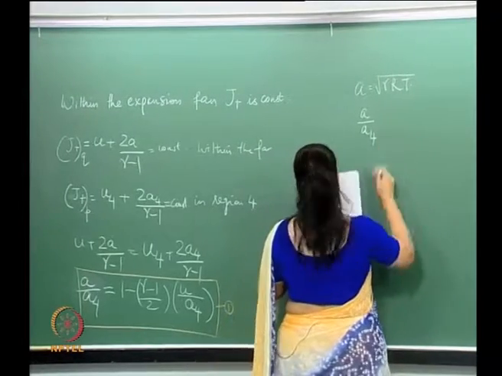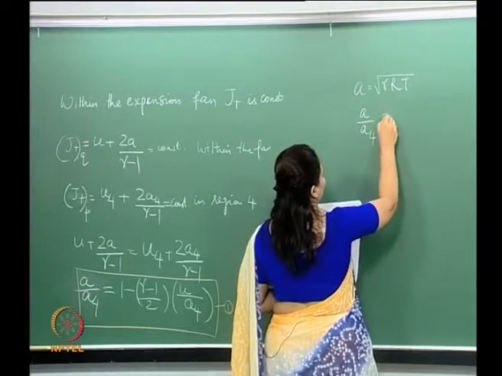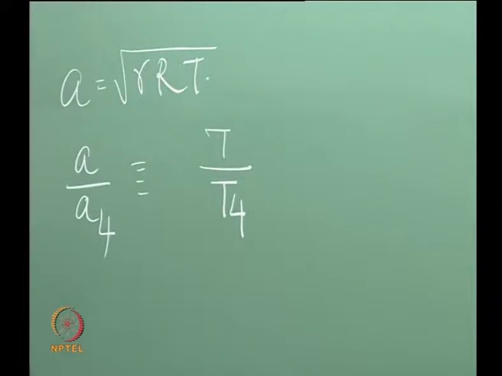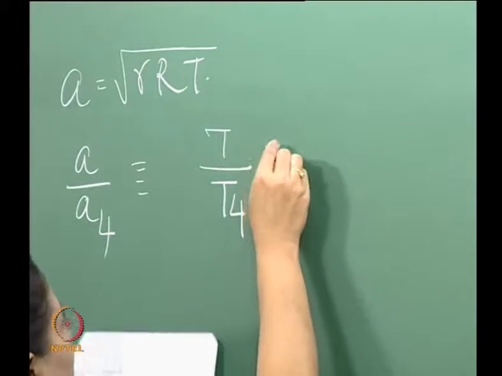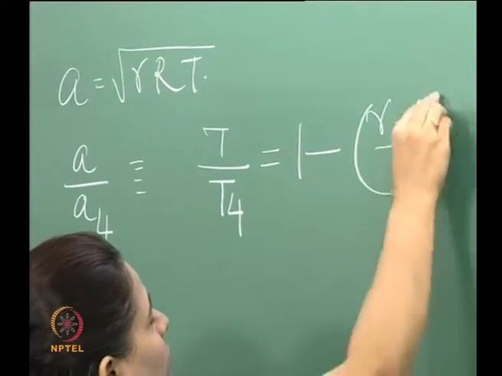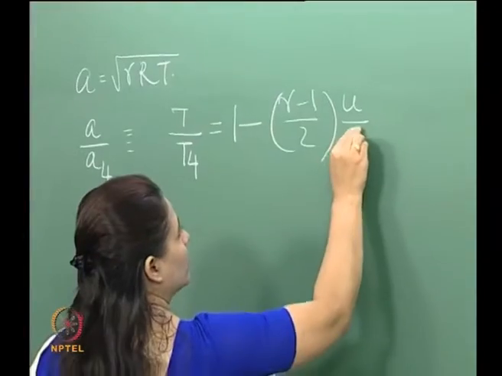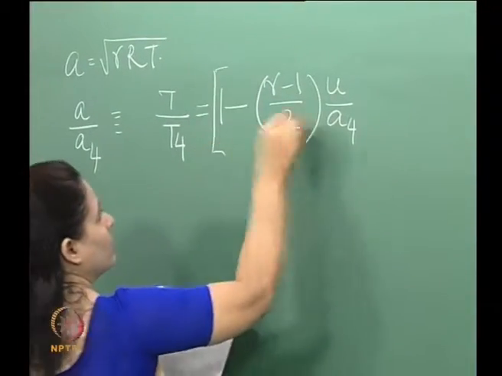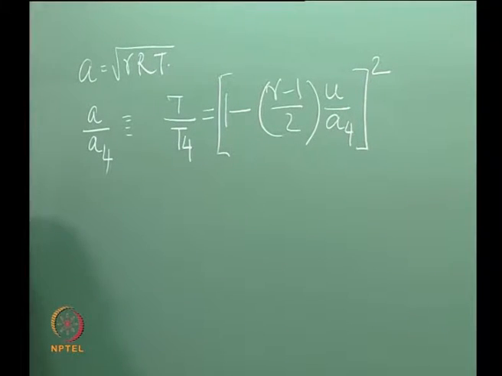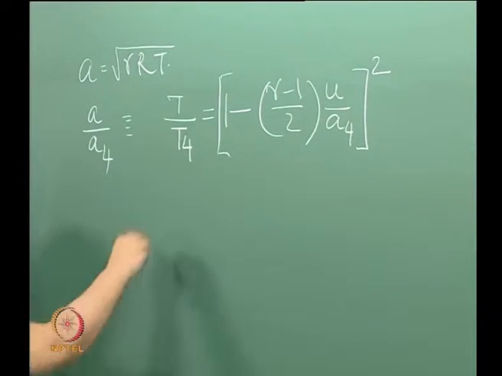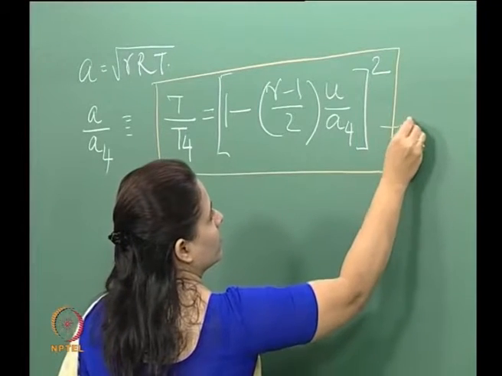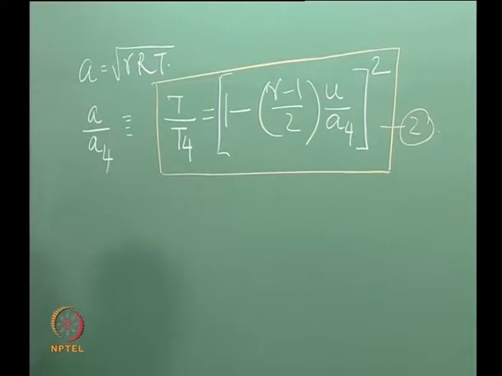So, therefore, I can now write, from this basically, T by T4. You could do that yourself. So, this is T by T4 is 1 minus (gamma minus 1) by 2 times u by a4.